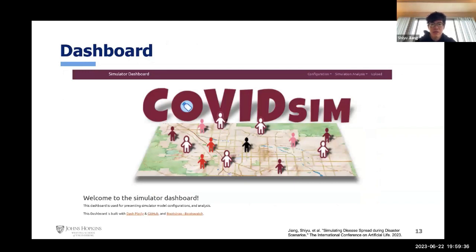So after we have the results of the simulation, those results are stored in CSV files and TXT files. And so we are building a dashboard that allows us to do some interactive simulation, but we want to let other users instead of our programmers do that.